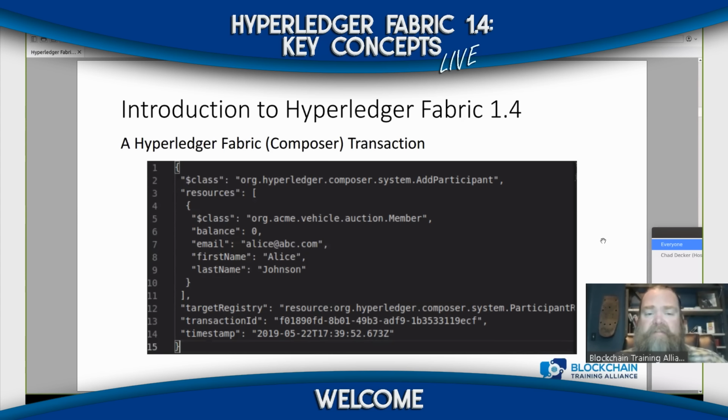However, for a different business scenario, different context, different use case, we may choose to capture completely different pieces of information. So a lot of the rigidity that we saw in a Bitcoin or an Ethereum transaction is gone, and it's replaced by something very, very free form.